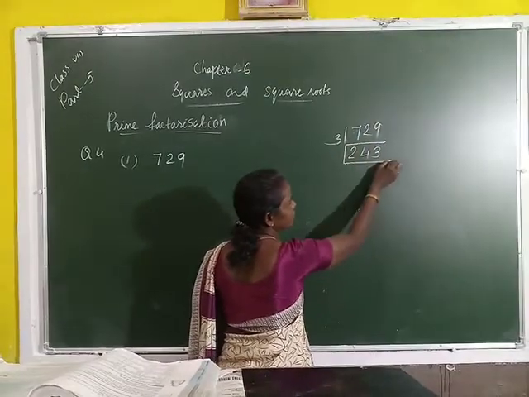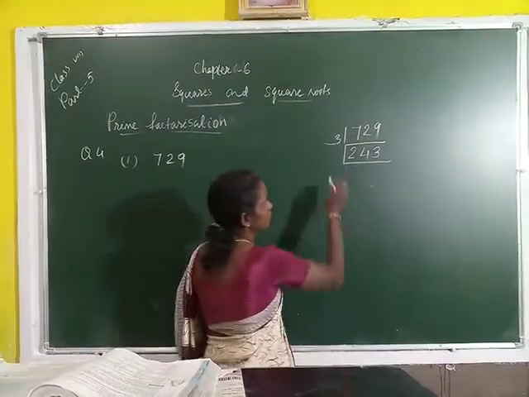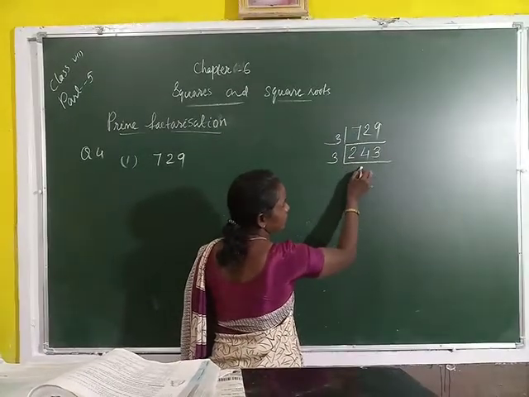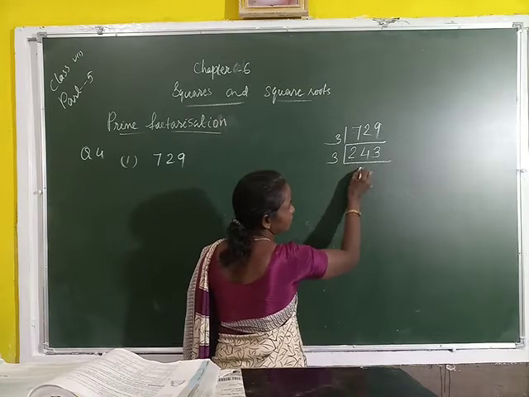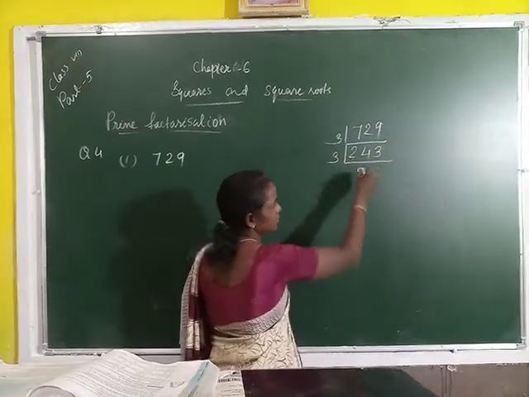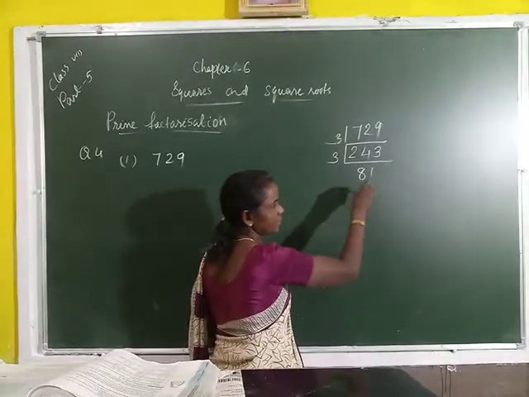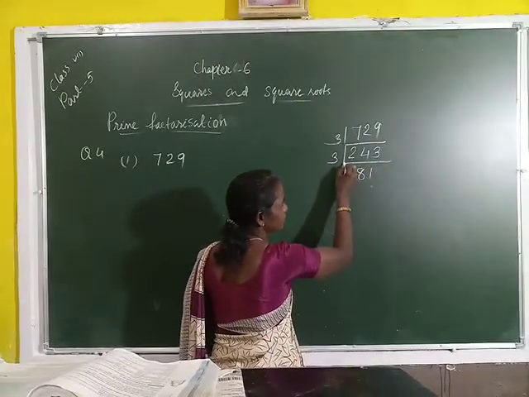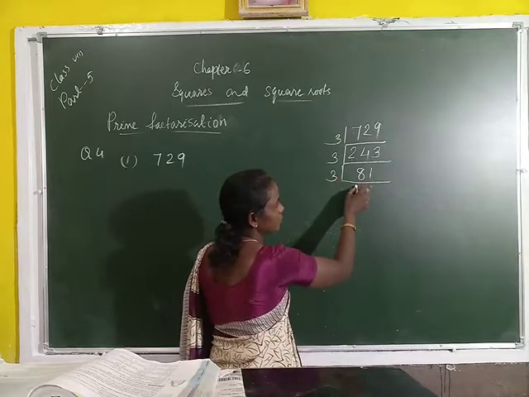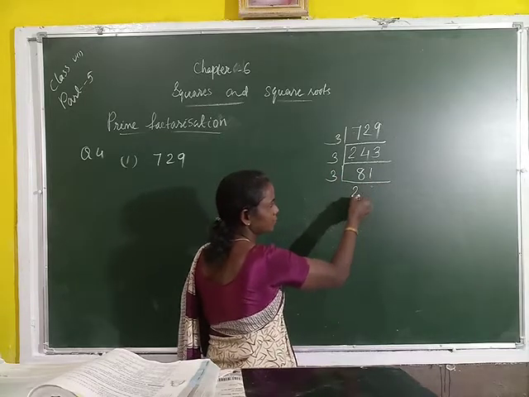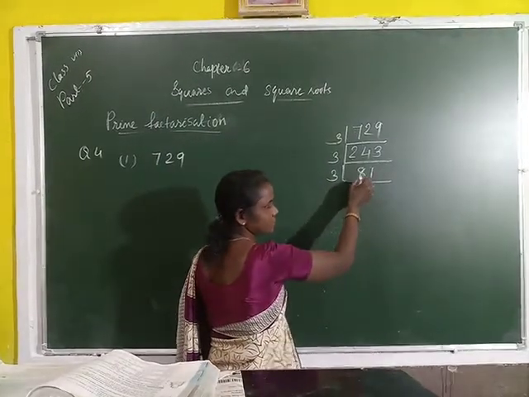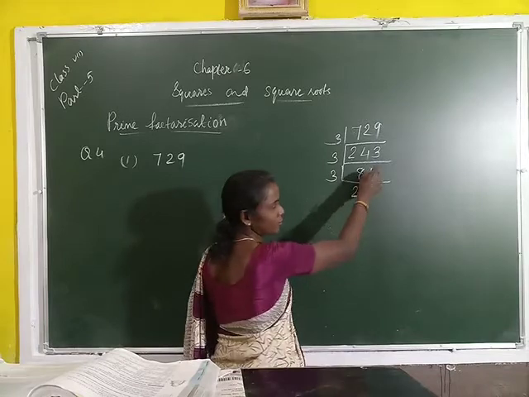Then next, look, is this number again divisible by 3? 3 eights are 24. Then 3 goes into 3 one time. Then we get 81. 81 is completely divisible by 3. 3 goes into 8 two times, 2 threes are 6, 8 minus 6 is 2. 2 and 1, 21.